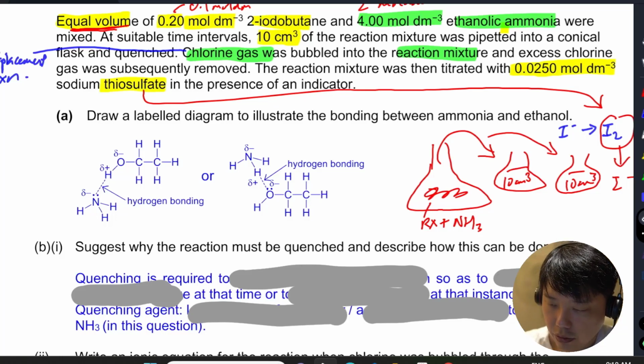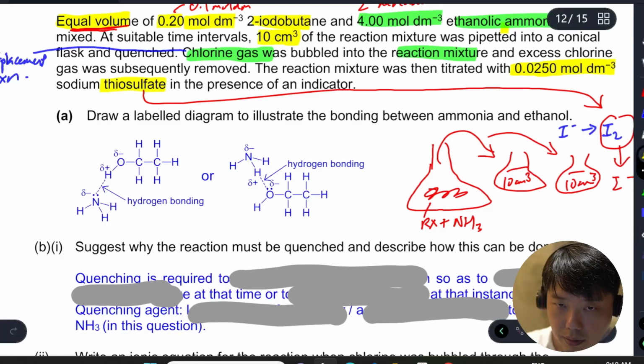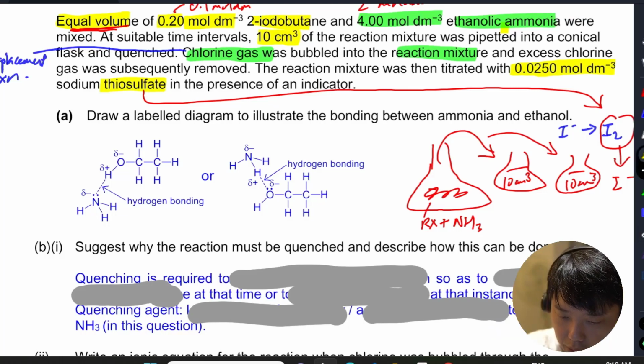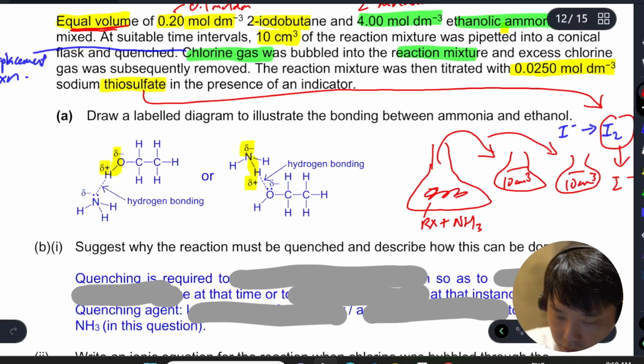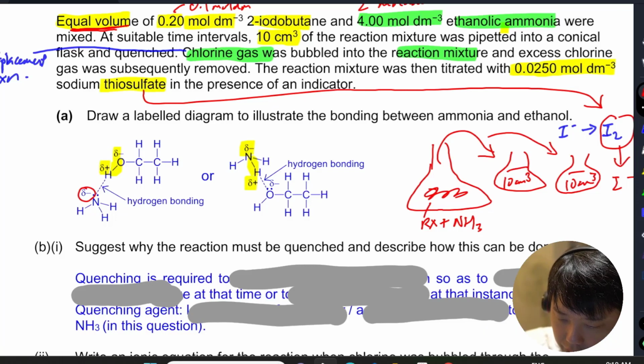Both work. Okay, what is important here? You got to remember the dipole moment has to be between the H and the O or the H and the N that are covalently bonded. Do take note that this delta minus is not that critical. So we are only marking for this dipole moment, this dipole moment.